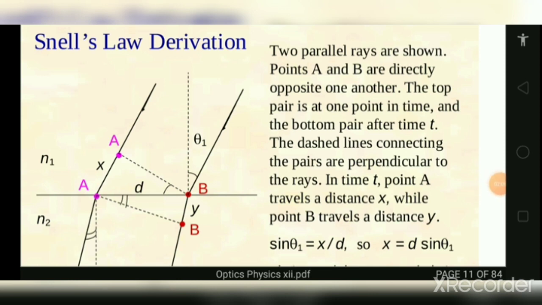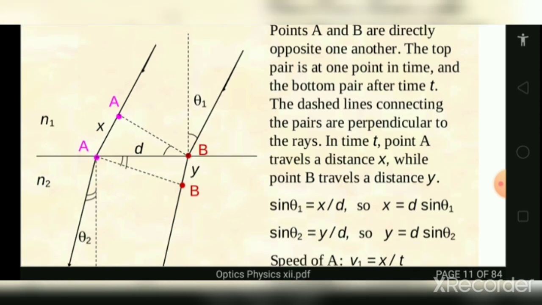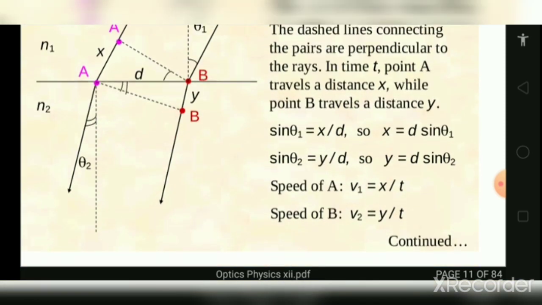Now see how the law can be derived. Two parallel rays are shown in the diagram, opposite to each other. The top pair is at one point at one time, and the bottom pair after time t. By using mathematical laws, you will get sin theta 1 is equal to x by d, that is x is equal to d sin theta 1.